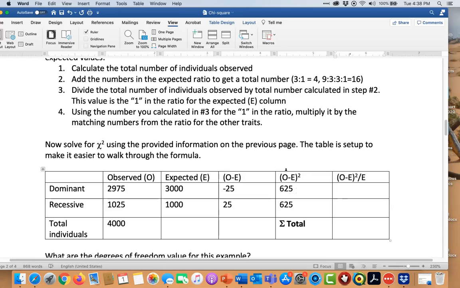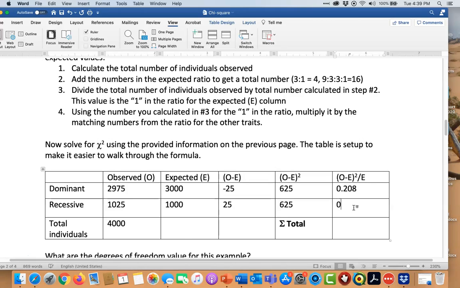The next thing tells us to take this number and divide it by the expected. This is where you're going to get a difference. So you'll see that these columns are going to be generally the same in this case, but it's going to be a difference here because the expecteds are different. So for this one, we're going to take 625 and divide it by 3,000. And that gets us a value of 0.208.